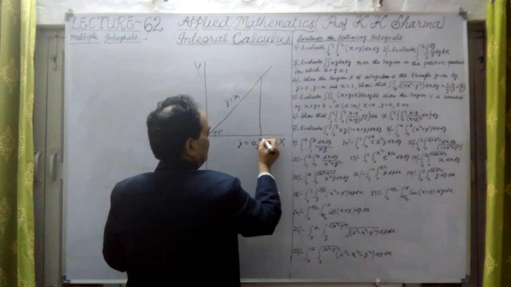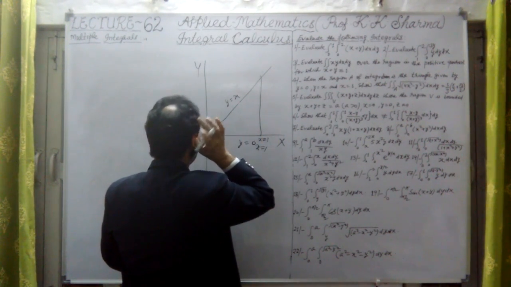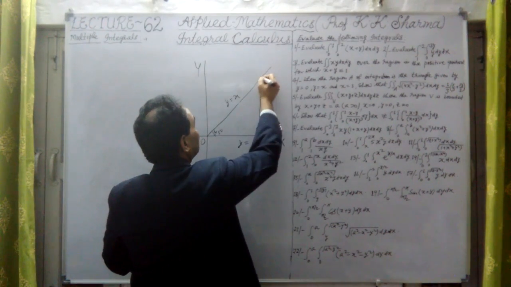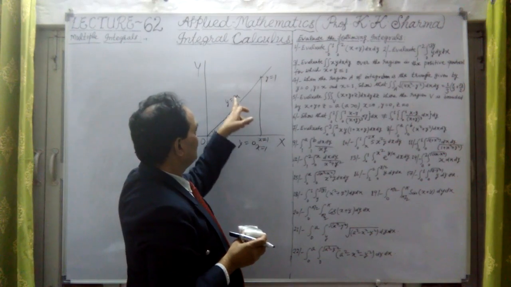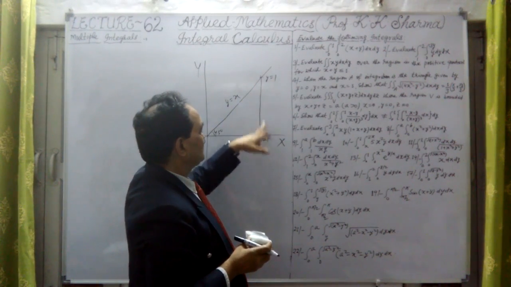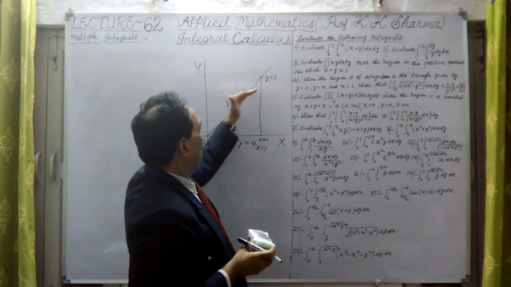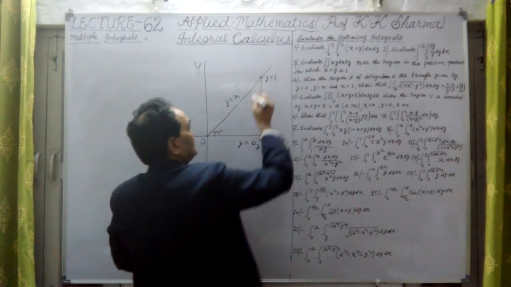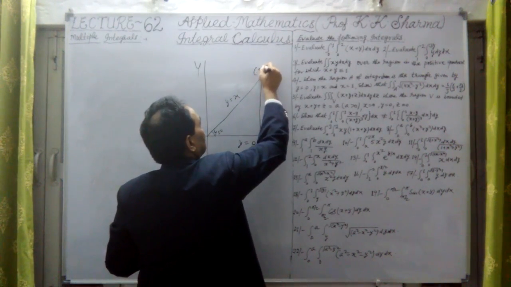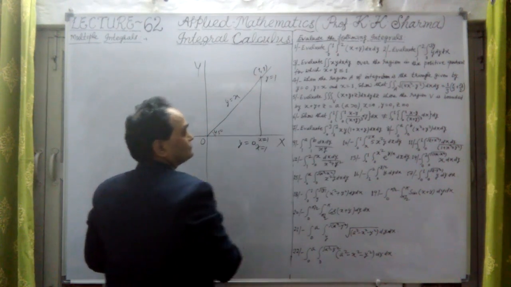What is y here? y is also 1, because if I substitute x equal to 1, this line cuts y equal to x at y equal to 1. So the point there is (1, 1), the coordinate for this.